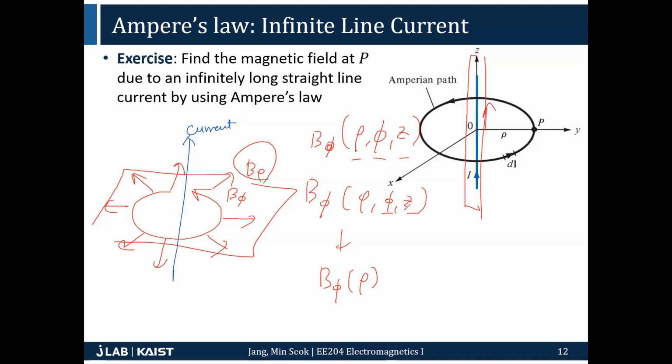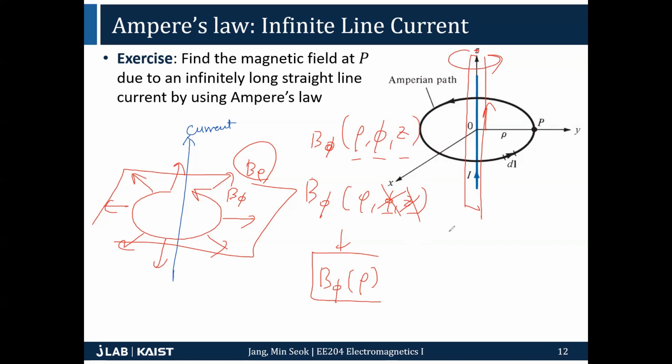So it cannot depend on z. Similarly, if we rotate the system with respect to the z-axis, everything's the same. The system itself is the same. So it cannot depend on phi. So B phi can only depend on rho.